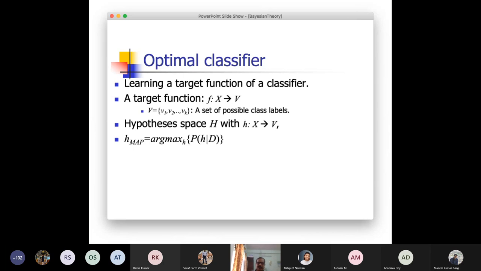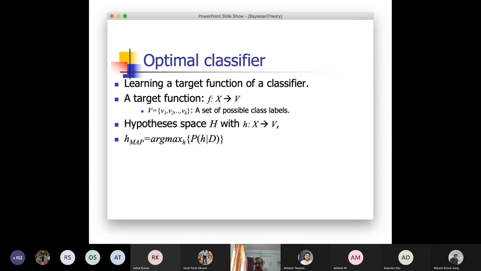As I mentioned, if I choose the maximum a posteriori probability based hypothesis, or MAP approach, then the criterion would be this. That means you choose that hypothesis which has the maximum posterior probability, that is, the maximum weight.